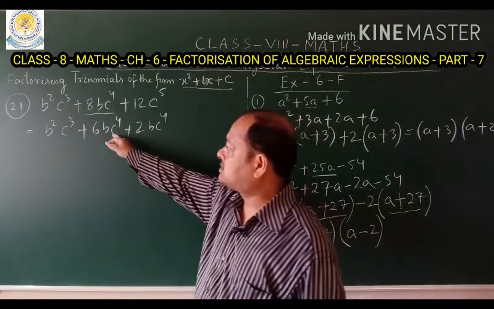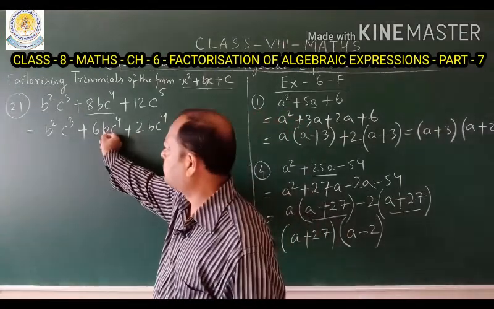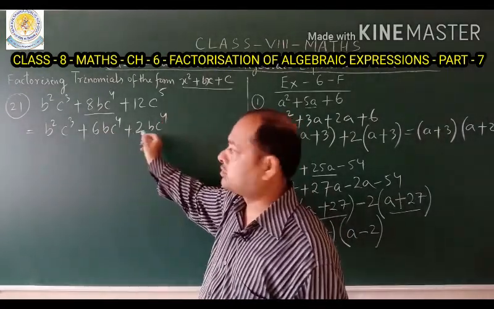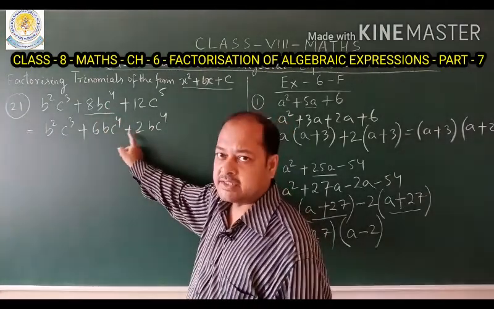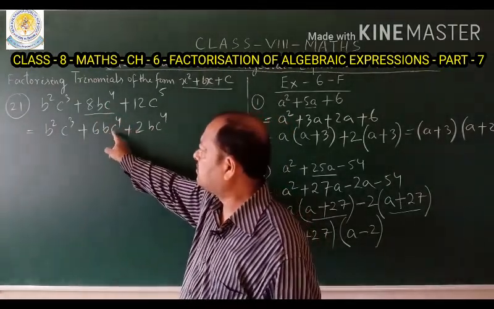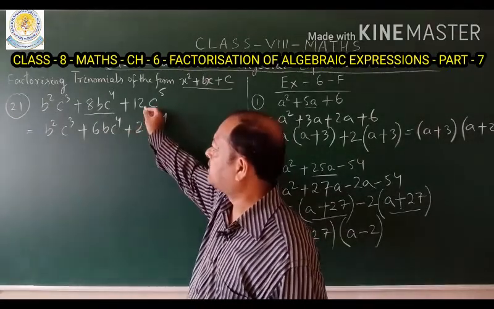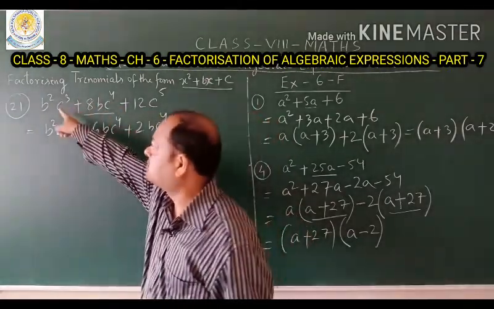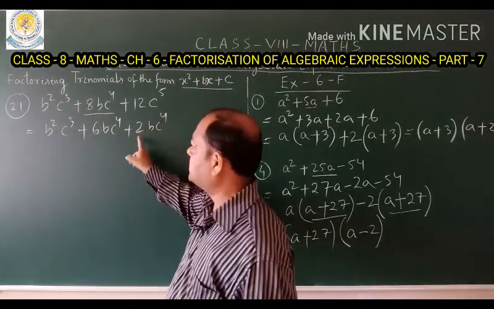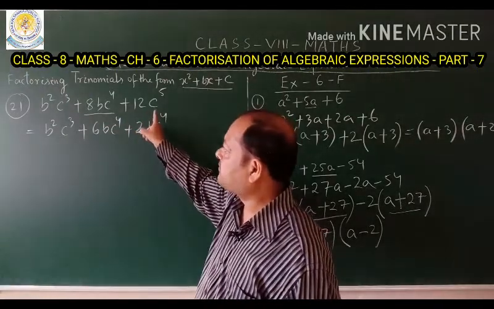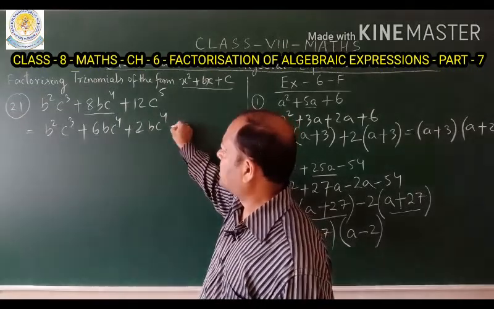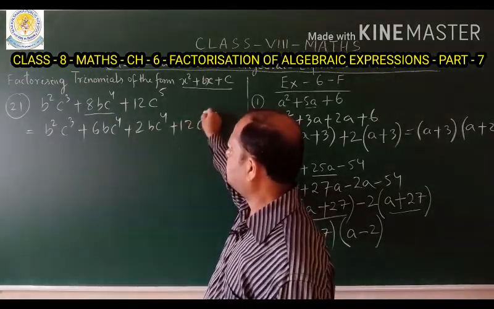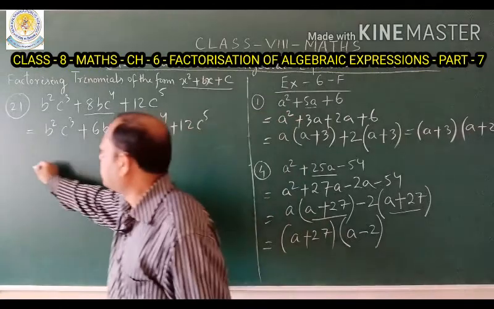So if you add 6bc to the power 4 plus 2bc to the power 4, you will get 8bc to the power 4, and if you multiply these two terms, you will get 12b square c to the power 8, which is the product of the first term and the last term, plus 12c to the power 5, equal to.